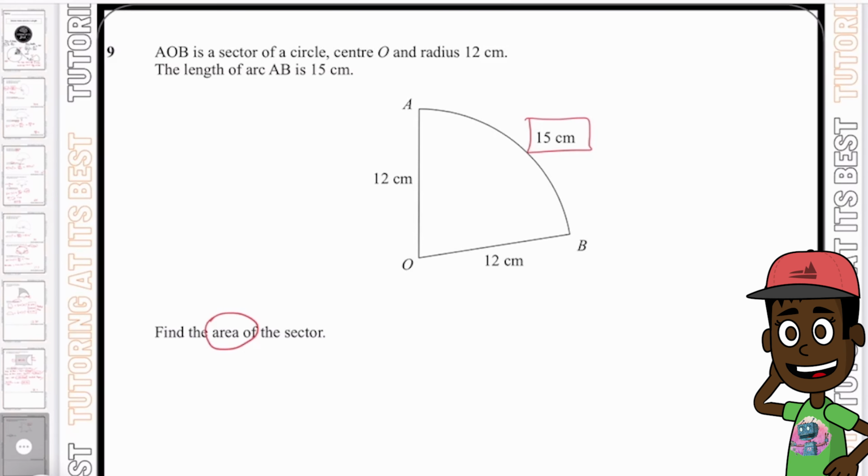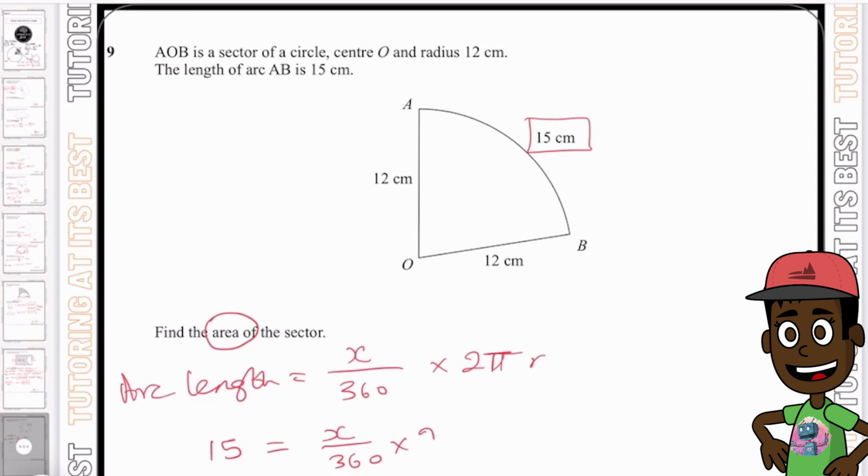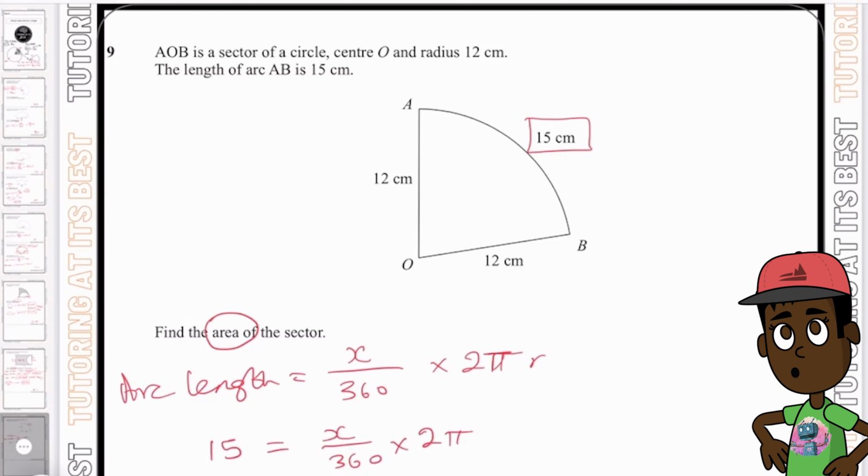And let's equal that to x over 360 degrees multiplied by 2 pi r. Remember, 2 pi r is your arc length. But this time we now know it's 15 here. So we have x over 360 multiplied by 2 pi, and our radius is going to be 12 centimeters. So we can simply put that there.